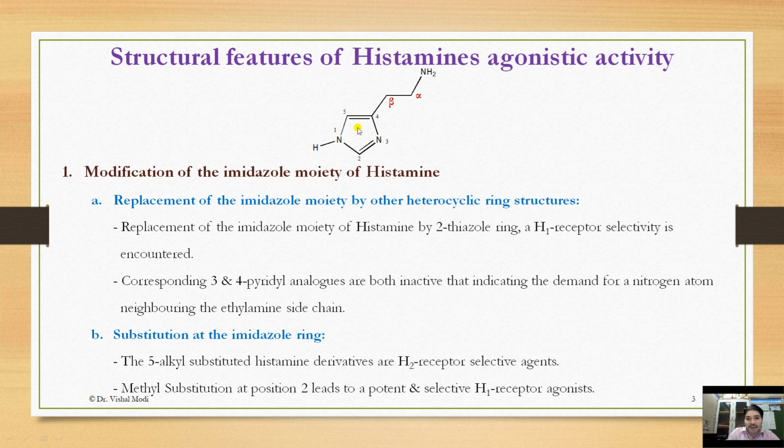It is substituted here. Okay, so it forms H2 antagonistic activity, because it has H2 receptor selectivity. If there is a methyl substitution at position 2, substituted here, then it leads to a potent and selective H1 receptor agonist.